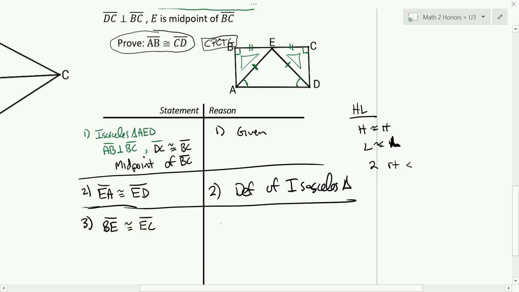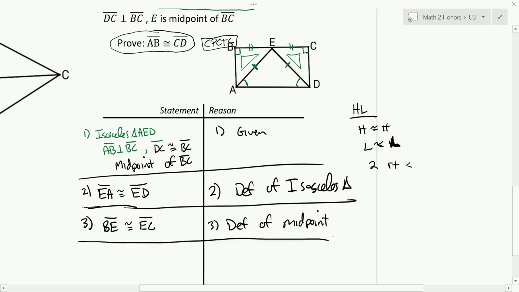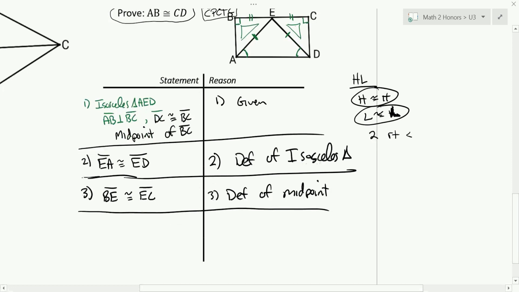Do you know why? Perfect. Okay. So we have established hypotenuse congruent to hypotenuse, leg congruent to leg. We can't show hypotenuse leg yet because we haven't really shown that they're right triangles yet. And so we need a statement about that.